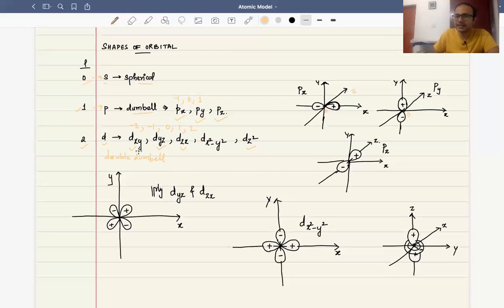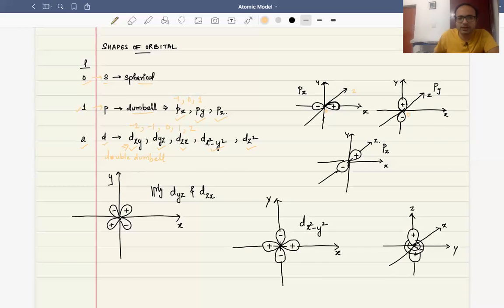It is dxy, then dyz, then dzx. These have a unique similarity in their shapes, and then there are the two odd ones: one is dx square minus y square, and another is dz square. Now let us look into the shapes. Let us first look into dxy.